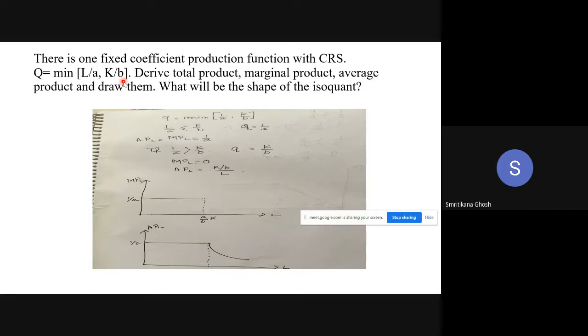But if it is IRS, the weightages of labor and capital will be different. So that will be a complicated one. But I don't think this question will come in the exam. If you get knowledge about the CRS fixed coefficient, this is enough.